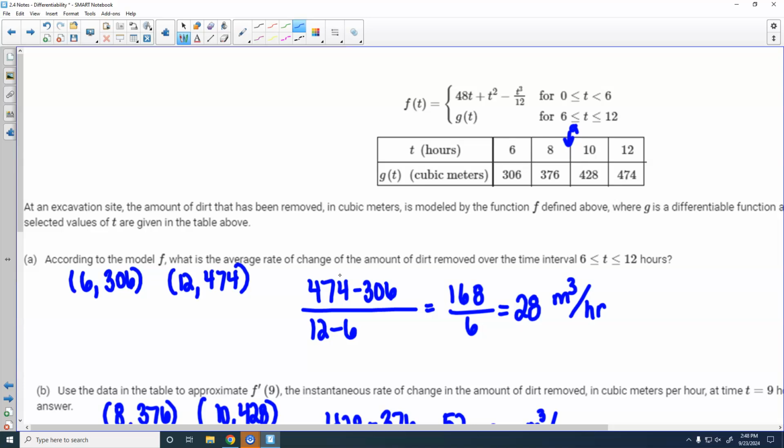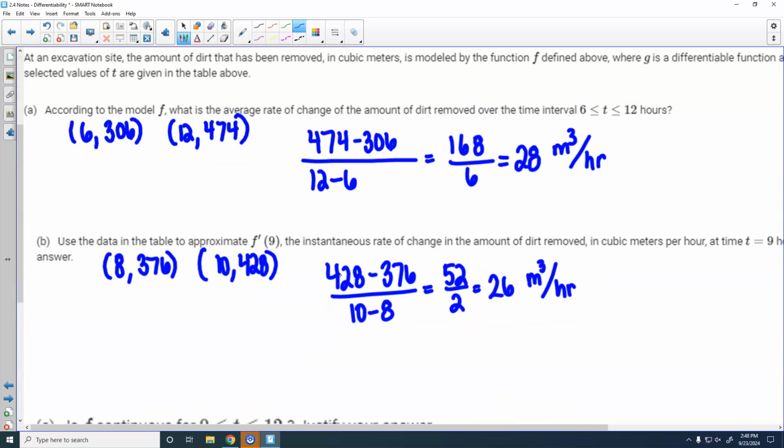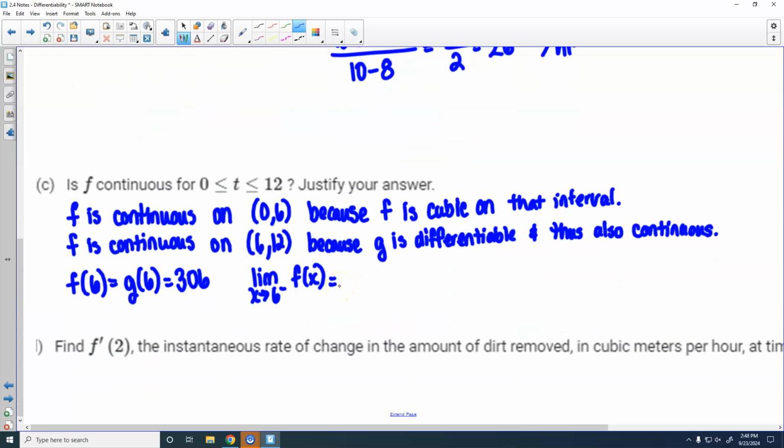And I got 306. Did anybody else try it? Did you get 306? The limit as x approaches 6 from the right of f of x is definitely 306 because it's just read off of the table.